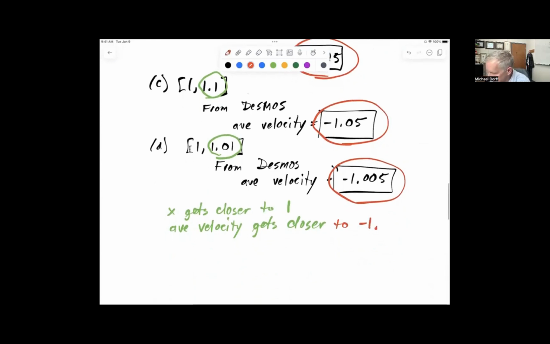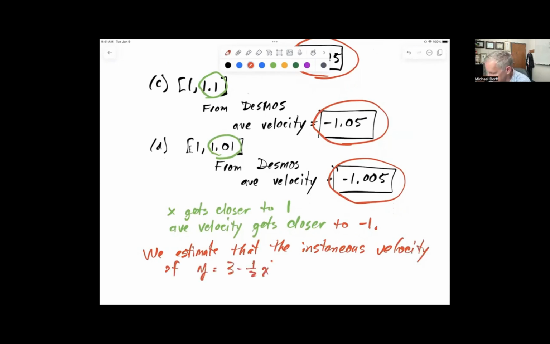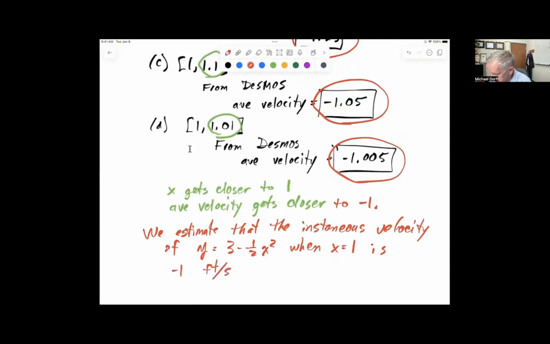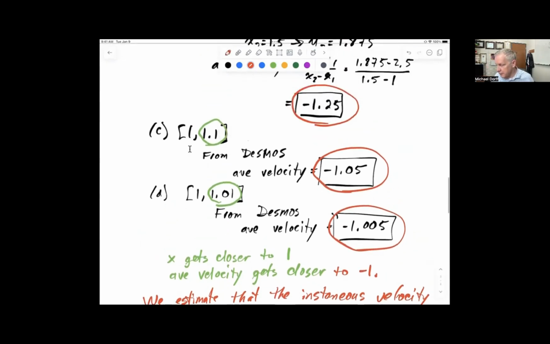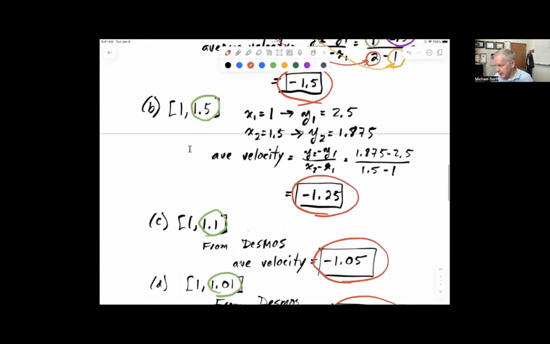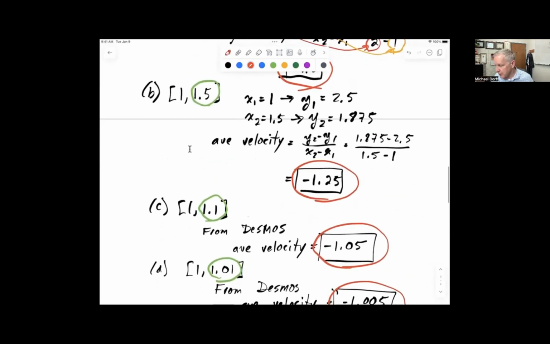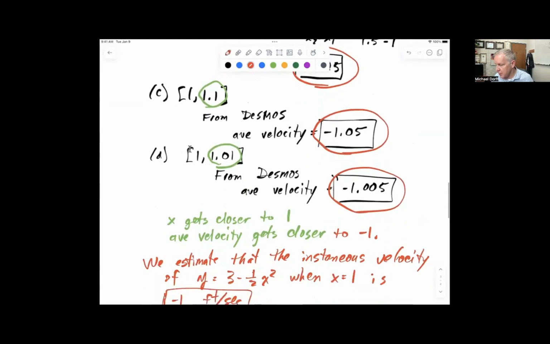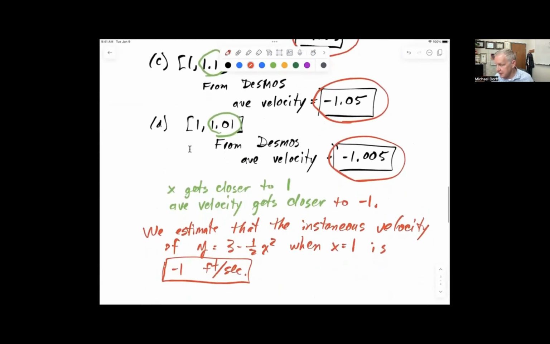So we estimate that the instantaneous velocity of the function y equals 3 minus 1/2 x squared at x equals 1 is negative 1 feet per second. It's an estimate because we don't know for sure, but it sure looks like those red numbers, negative 1.5, negative 1.25, negative 1.05, negative 1.005, are getting closer and closer to negative 1 as x gets closer to 1, which are the green circles there.